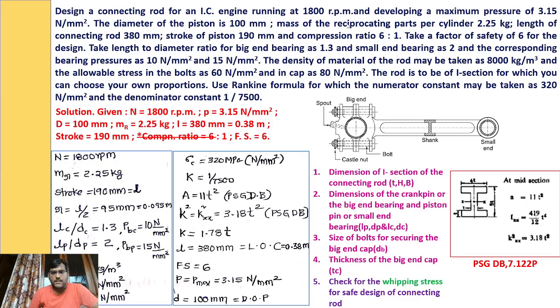And the mass of the reciprocating parts per cylinder is 2.25 kg. MR 2.25 kg, and the length of the connecting rod is 380 mm. LOC, length of the connecting rod, 380 mm.